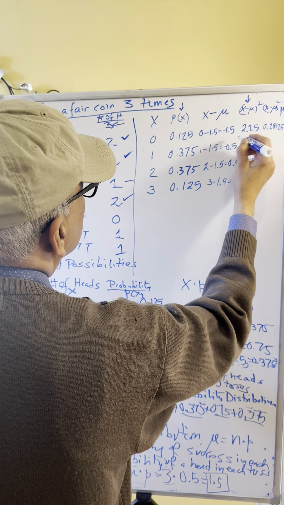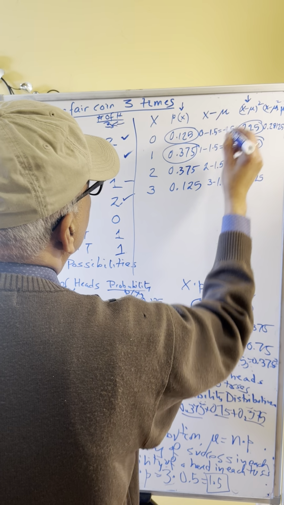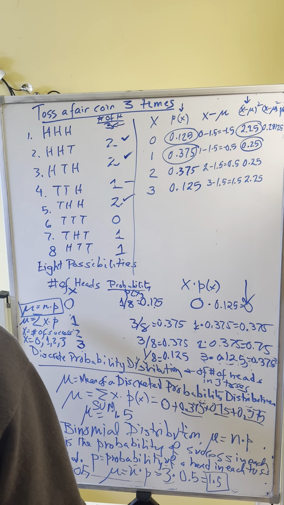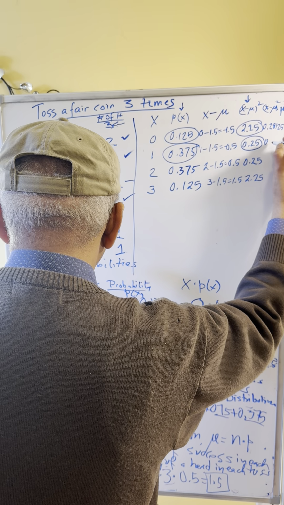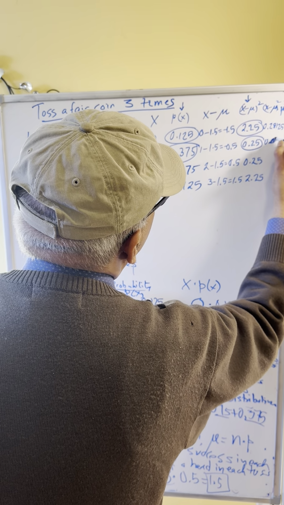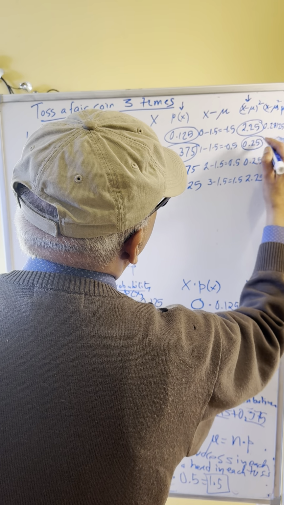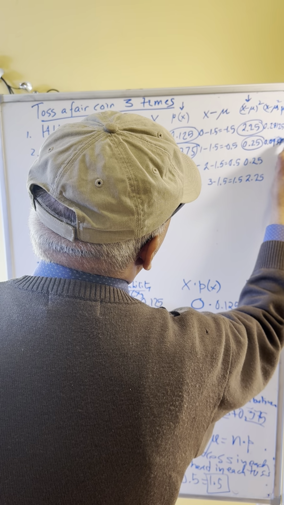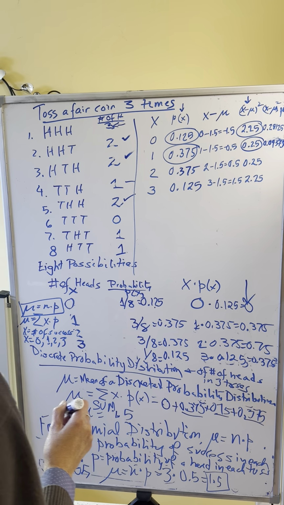Next one will multiply 0.25 times 0.375. And that is 0.09375. Let me write it clearly. 0.09375.